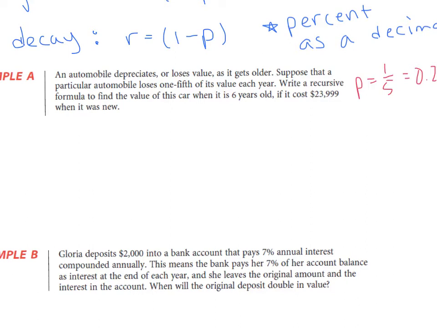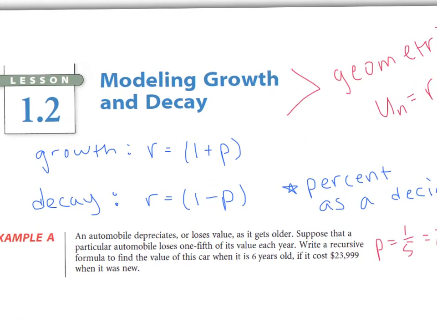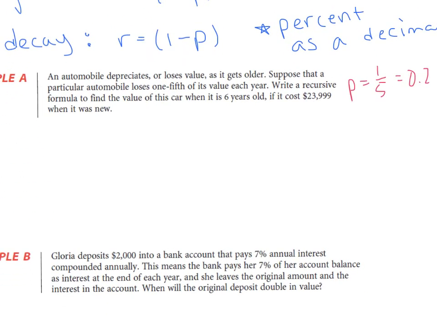Now with these growth and decay problems, unlike the first section where we used the first term, the u sub 1, we're going to be using a zero term or a u sub 0 because no time has passed when we're talking about something new. So you might want to make a note to yourself up here that we're using u sub 0 for all of these. So in this particular problem, u sub 0 is $23,999.